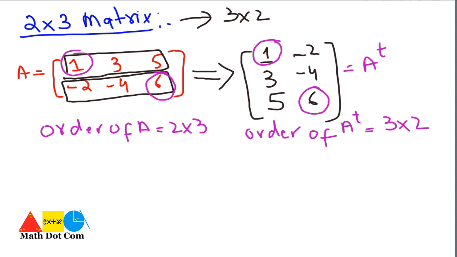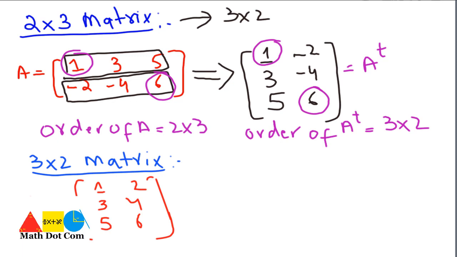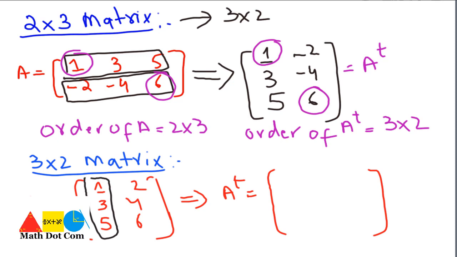Okay, now the next is the transpose of a 3 into 2 matrix. The example is, when we take its transpose, keep in mind that the rows become columns and the columns become rows. So what you have to do is change this column into row, then we can write as 1 3 5, this column into row as 2 4 6, and that's it.